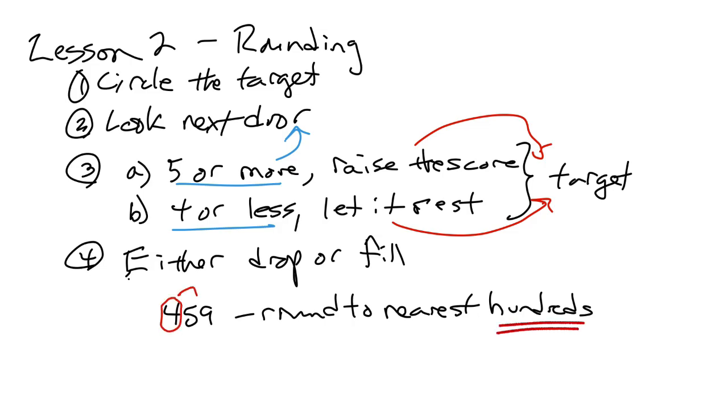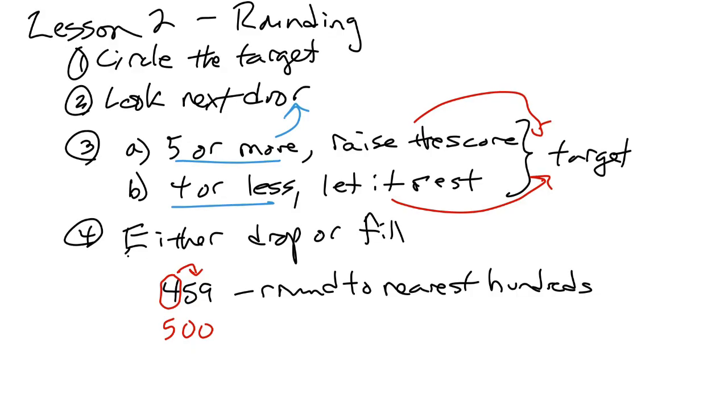We look next door. 5 or more, raise the score. 4 or less, let it rest. The 5 tells us to take that 4 and bump it up to a 5. And then we fill the other place values with zeros. So 459 rounds to 500 when we're rounding to the nearest hundreds.